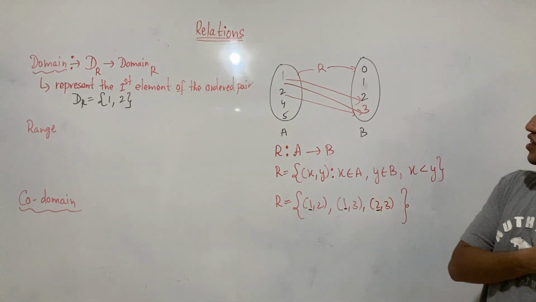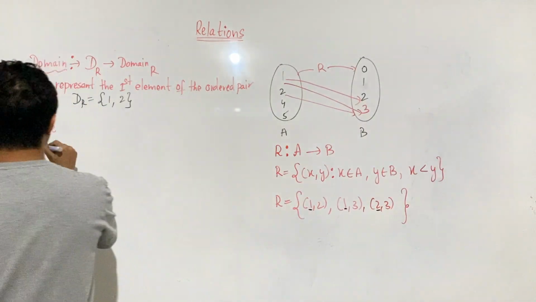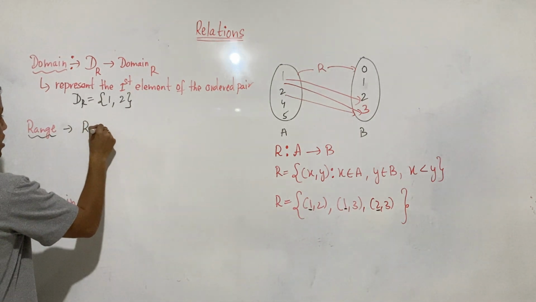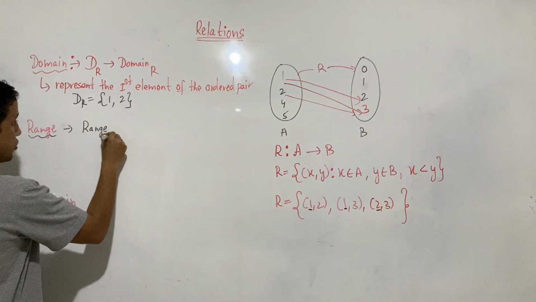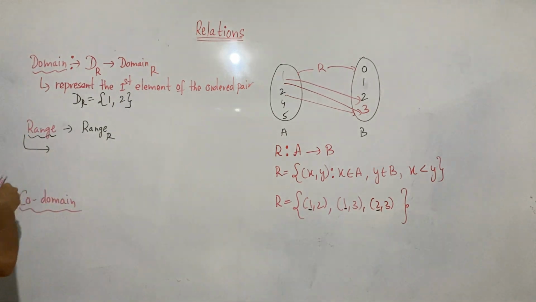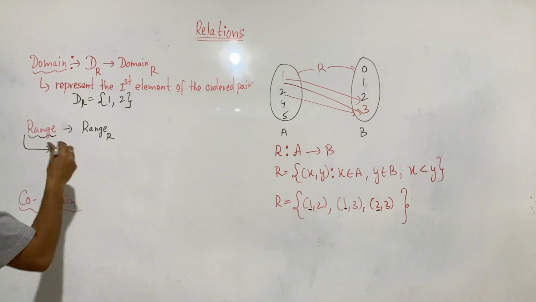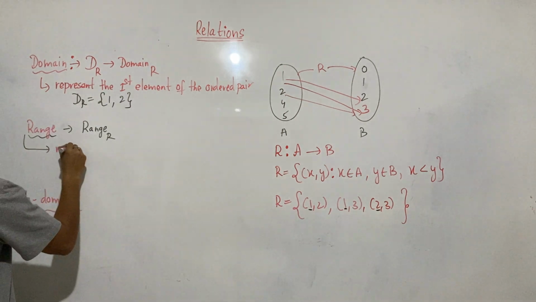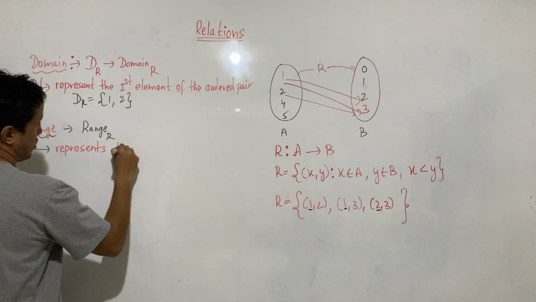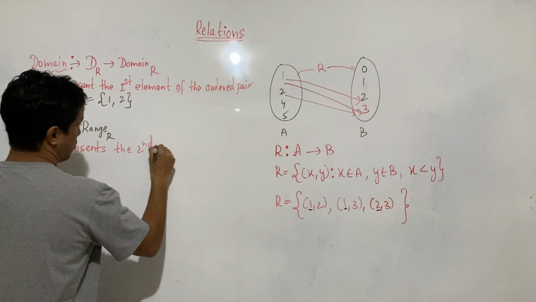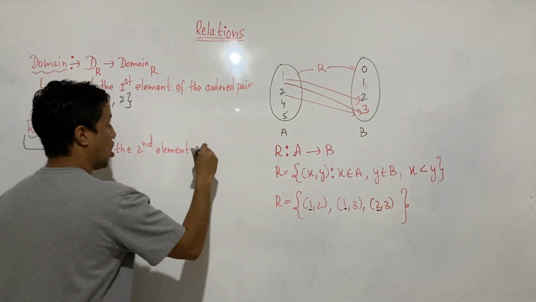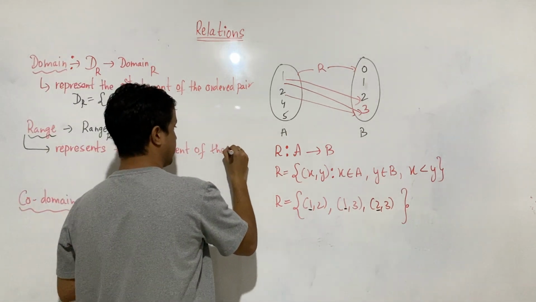Then comes number 2, the range. Range is represented by the range of the relation, and it represents the second element of the ordered pair.